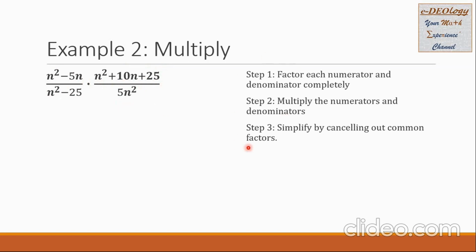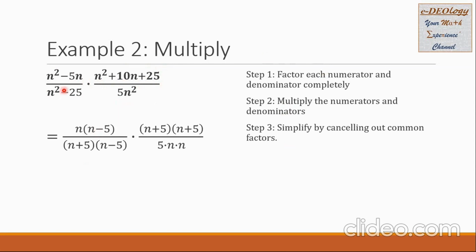So I wrote all the three steps here at one time. I'm going to do step 1 to factor each numerator and denominator completely. The n squared minus 5n is now factored into n times the binomial n minus 5. The denominator n squared minus 25 is now the product of n plus 5 and n minus 5.